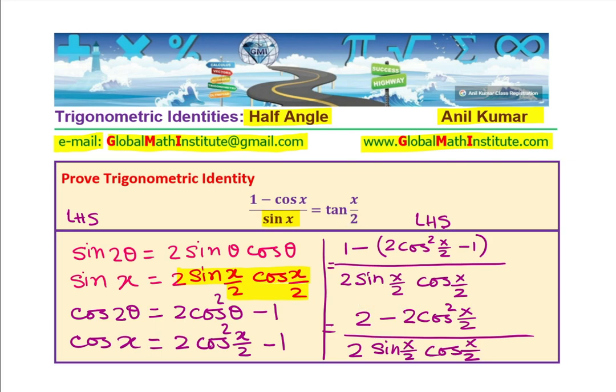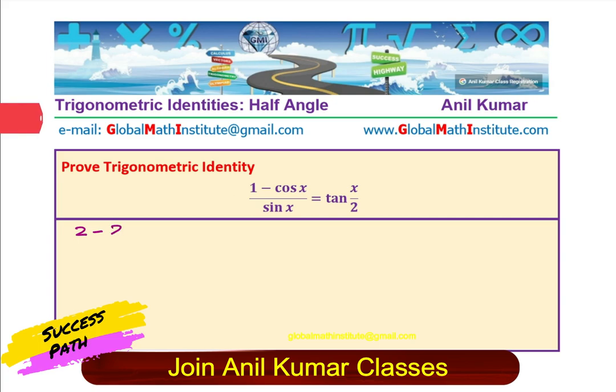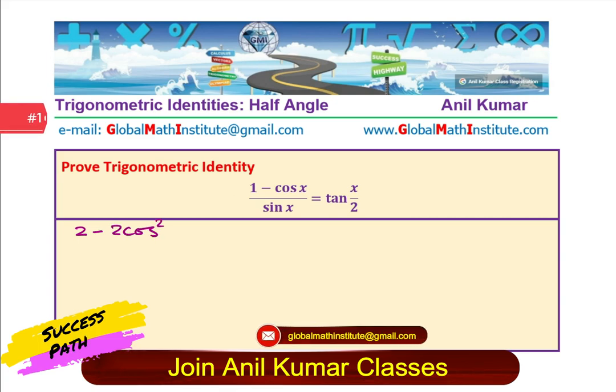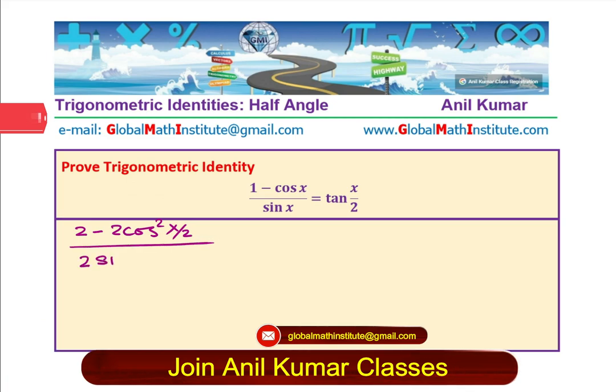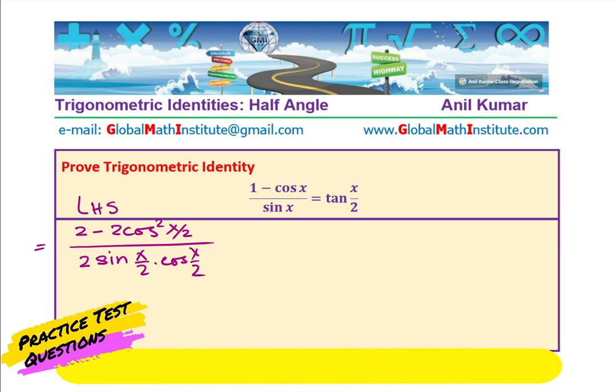Taking 2 common. So let's go to a new page, copy this. So we got 2 minus 2 cos square x by 2 divided by 2 sin x by 2 times cos x by 2 when we simplified the left hand side, replacing cos x and sin x with half angle formula.